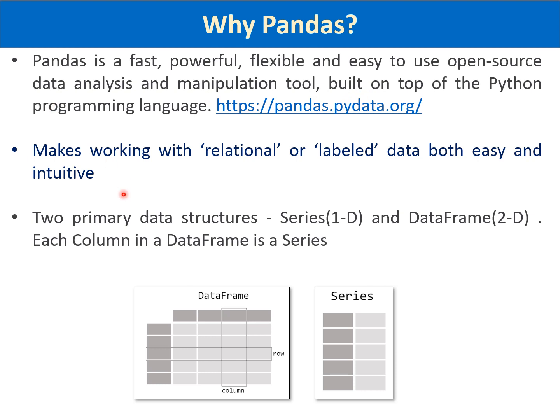So its performance keeps on improving with more functionalities being added to it. Then Pandas makes working with relational or labeled data both easy and intuitive. Now, tabular data is the fundamental data structure where we store the data in the form of tables. It can be single table data or multi-table data, which are related by some key columns.